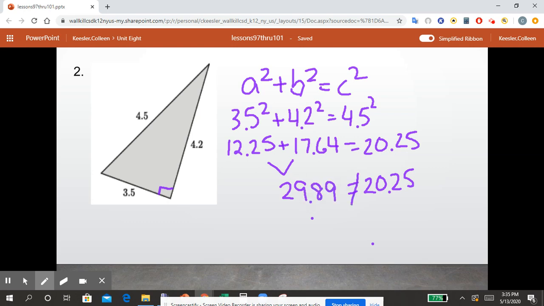So because these are not equal, this is not a right triangle. And again, our work is the proof or the justification that now we know it's not a right triangle.